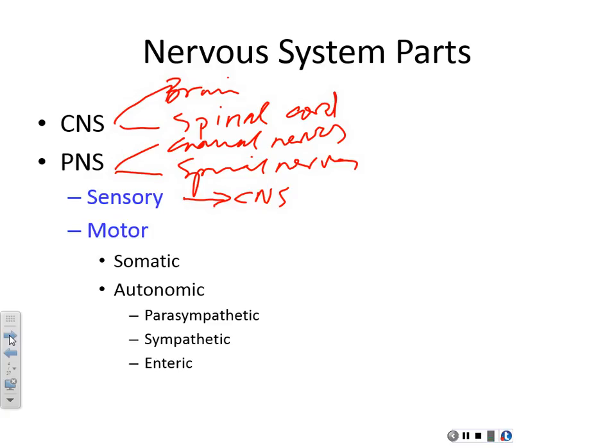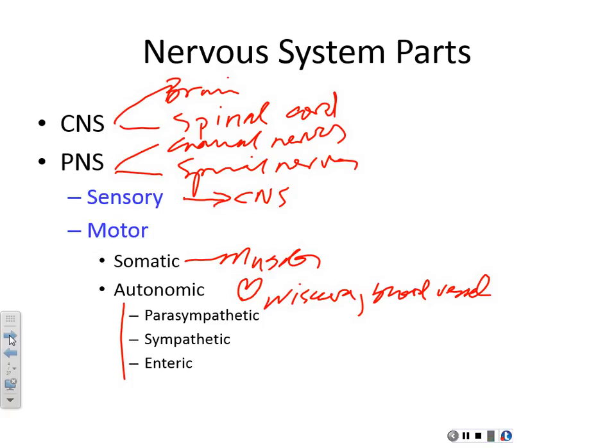Which deals with all those things that are automatically controlled, like the name suggests, right? So this will include things like the heart, viscera, meaning digestive organs and so forth, all the smooth muscles, blood vessels. All those have smooth muscle that is controlled by the autonomic nervous system. And the autonomic nervous system is split into these three.